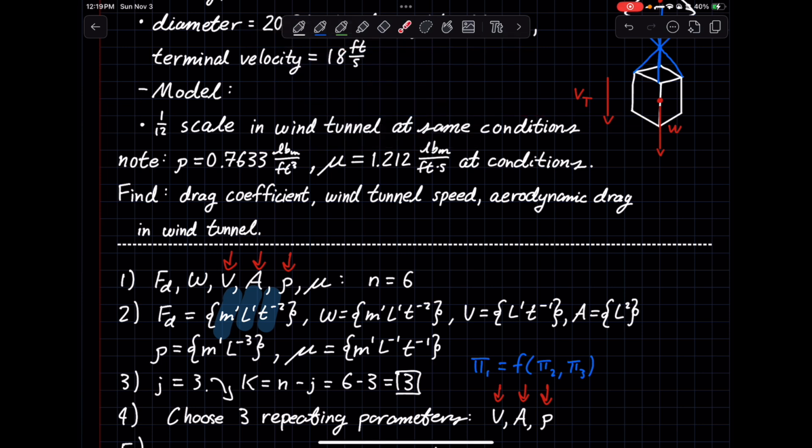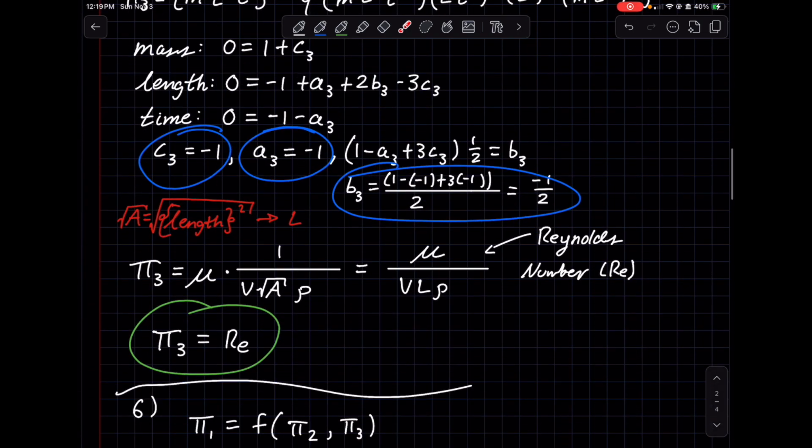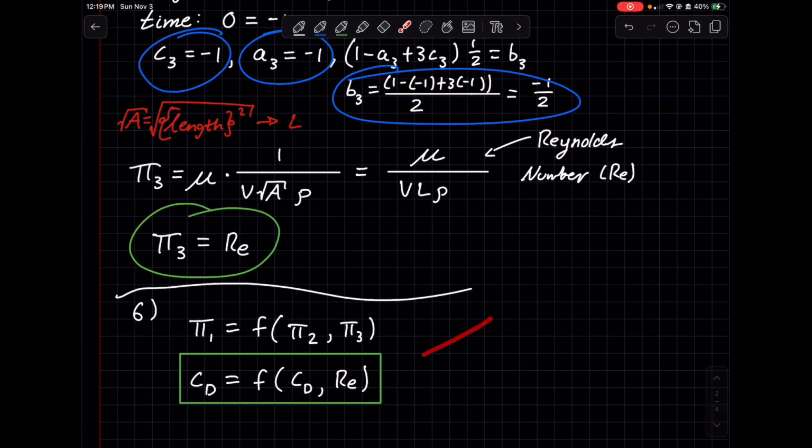But at this point, what we can do is get the drag coefficient, the wind tunnel speed, the aerodynamic drag in the wind tunnel, all of that through using this relationship that we have just found down here. Because the coefficient of drag is a function of itself, and it is a function that involves the Reynolds number.